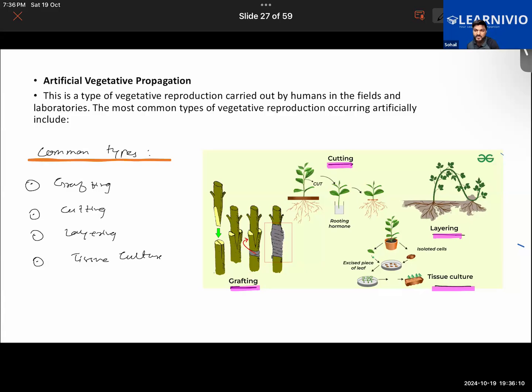I am putting the screenshot in the chat box. You can note it down from there. Yes, Fatima, Assalamu alaikum. How are you? Yeah, 1 minute. In the chat box, I can't see the names of you guys.